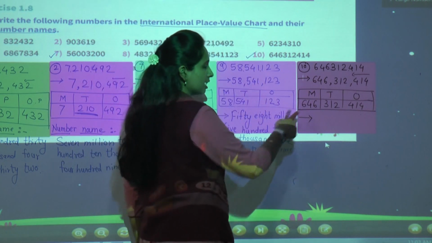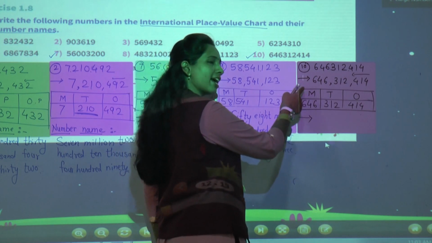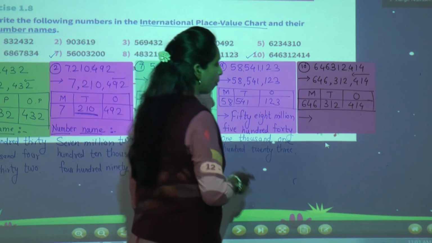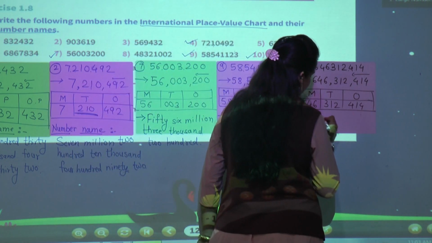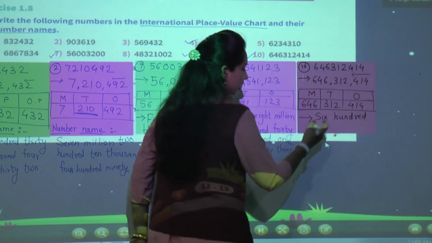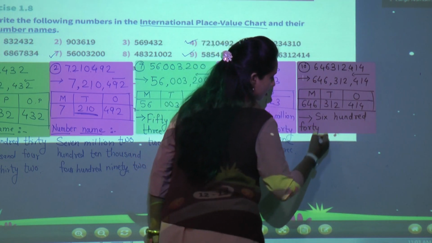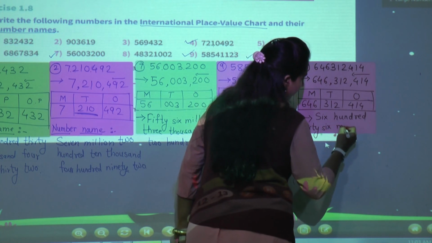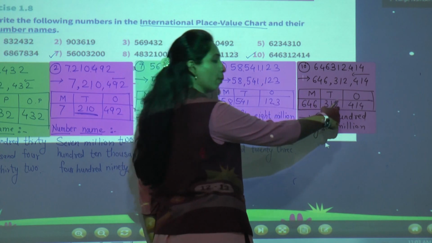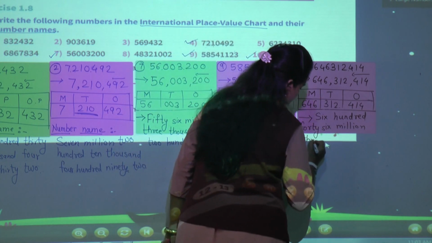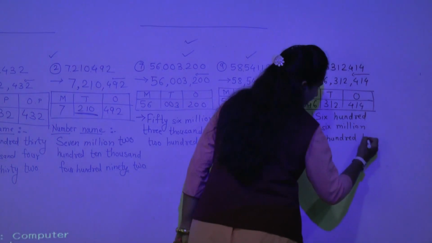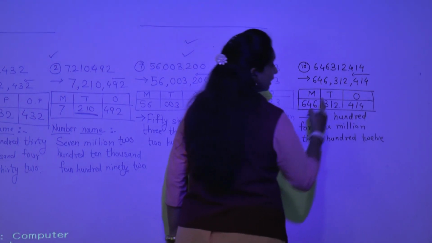Now can you read? 646 million. Together we have to read. That is very important. Keep in your mind. 646 million, and the next is 312,000.